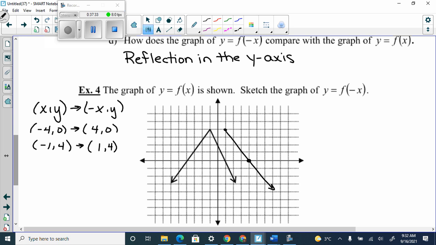Now note to self, if you just pick the x-intercepts and the maximum of this, which is an absolute value function, you might miss the invariant point. What is the invariant point here? It's on the y-axis. So it's at (0, 2). It's going to be at (negative 0, 2), which is a plus.